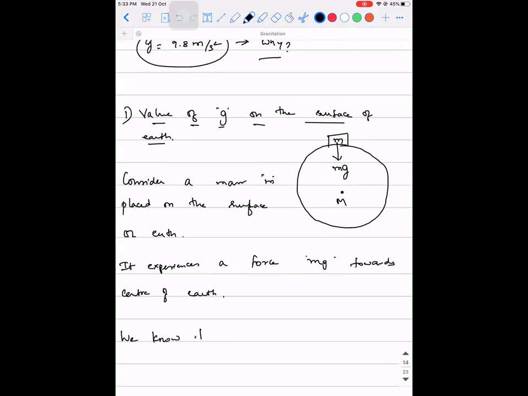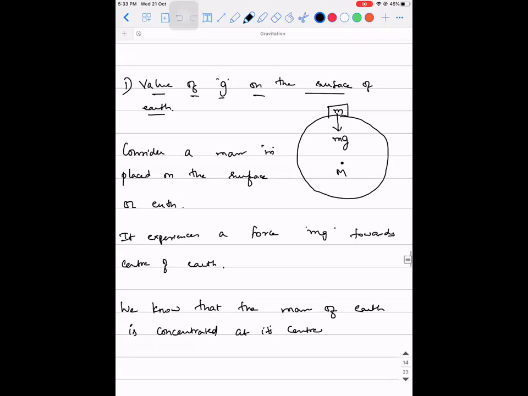We know that the mass of Earth is concentrated at its center.